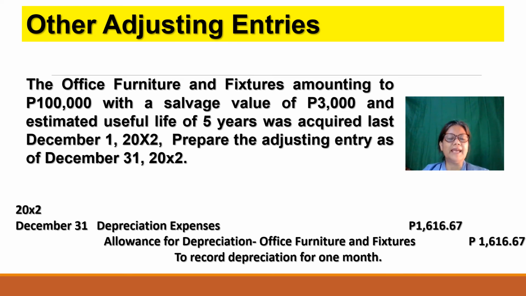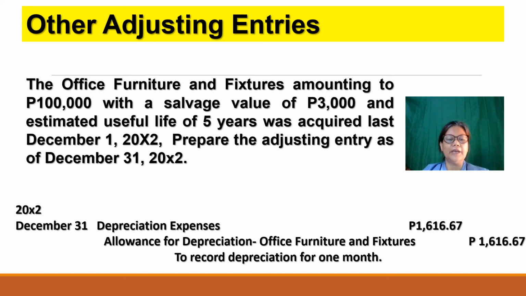But since it is acquired on December 1, 20X2, you're going to divide it by 12 to get the depreciation for 1 month. So what will be the entry? On December 31, 20X2, we have to debit depreciation expense 1,616 pesos and 67 cents and credit allowance for depreciation, office furniture and fixtures.